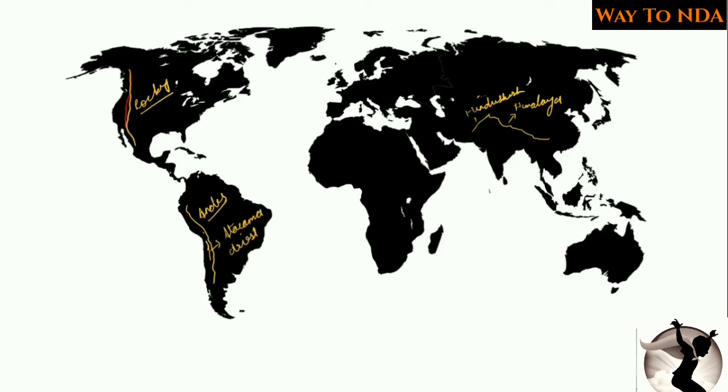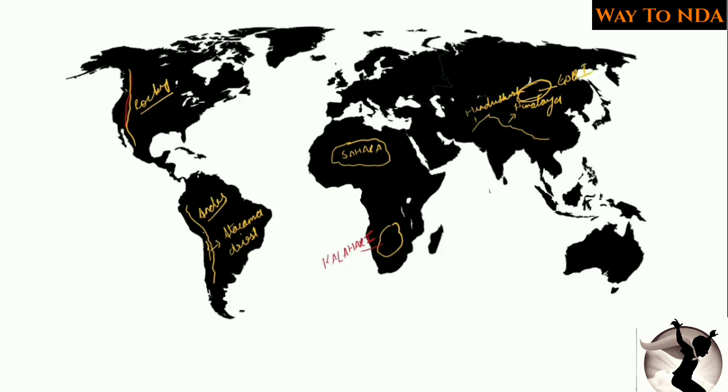Then about the deserts, here you will find the Sahara Desert in Africa, and in the south you will find the Kalahari Desert. Then in China and Mongolia, in this area combining China and Mongolia, you will find the Gobi Desert.